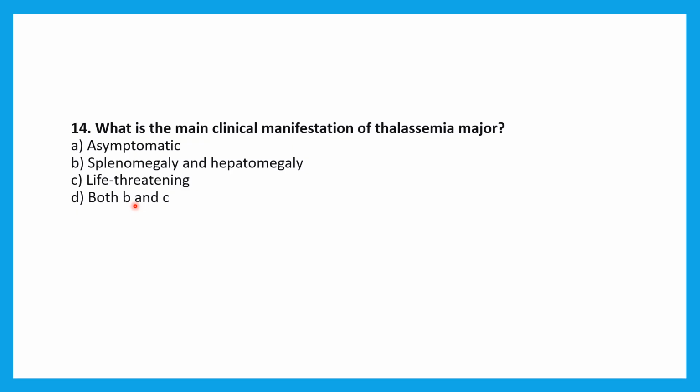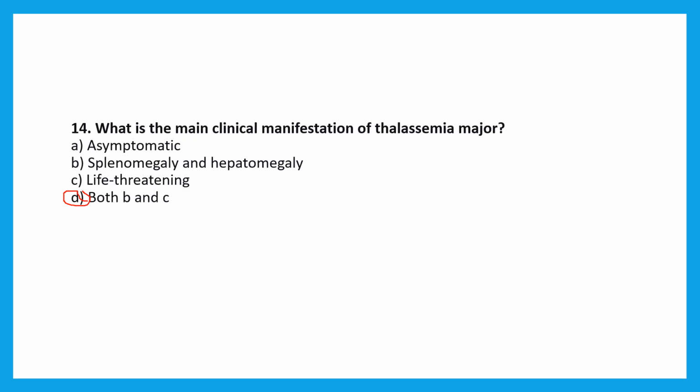Severe hemolytic anemia leads to extramedullary hematopoiesis, which causes hepatosplenomegaly, and its severity makes it life-threatening as well. So both B and C are the correct answer under question number 14, and therefore we pick D, because D says both B and C, and B and C are independent. The one that's combining both is D.